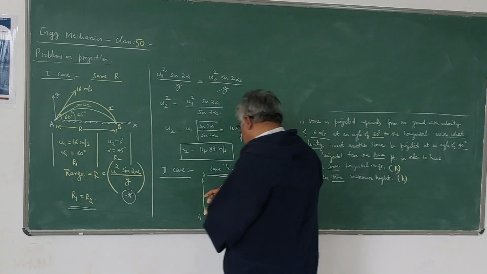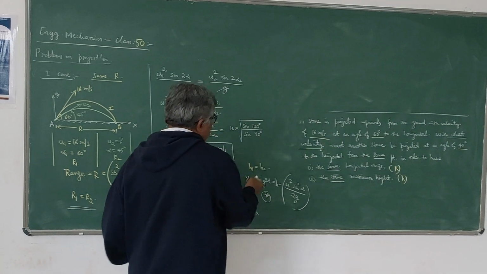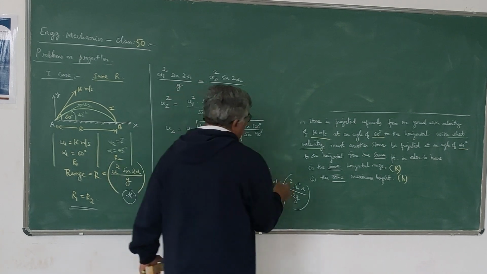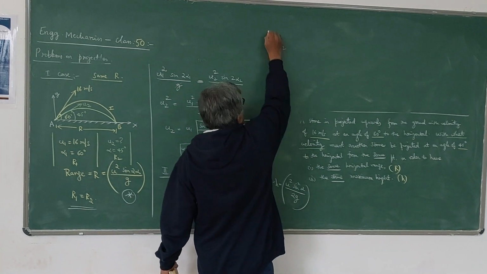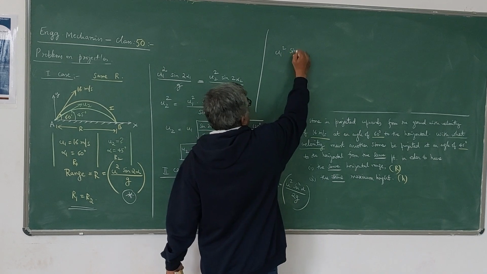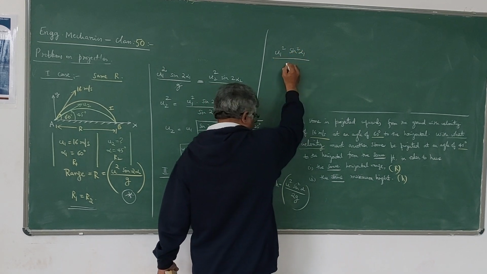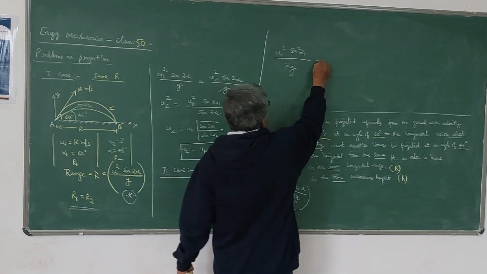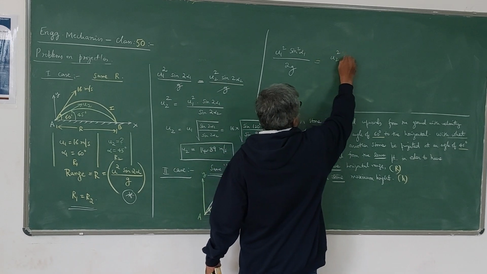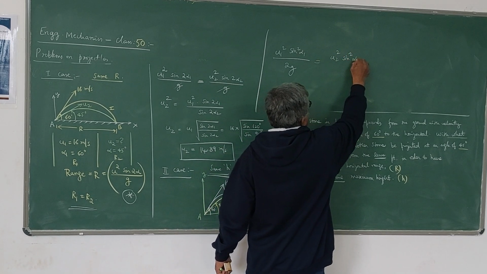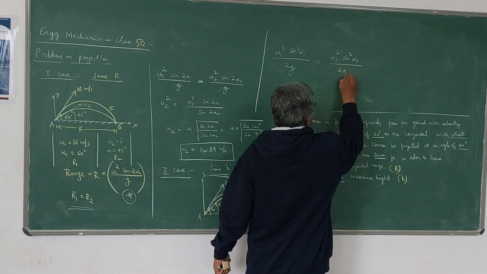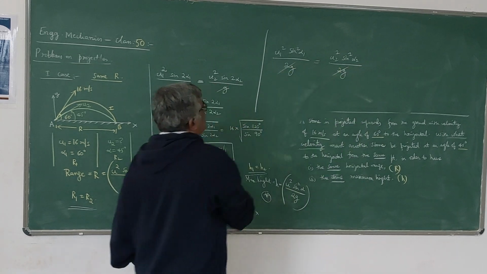So I will write the expression now. h1 becomes u1 square sin square alpha 1 by 2g, is equal to u2 square sin square alpha 2 by 2g. These two are equal, therefore 2g gets cancelled.